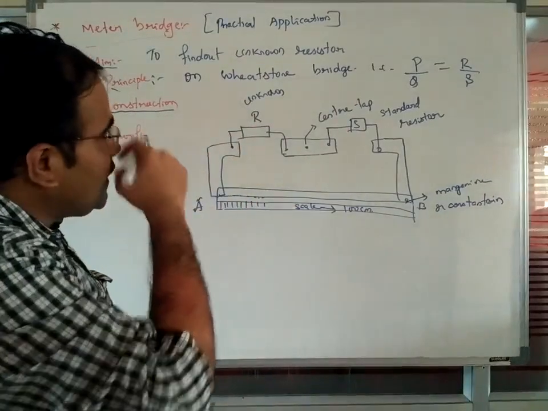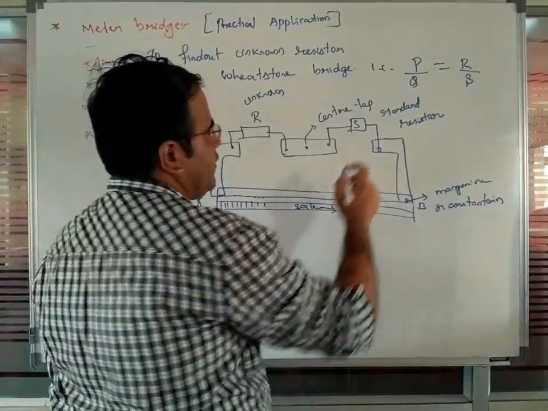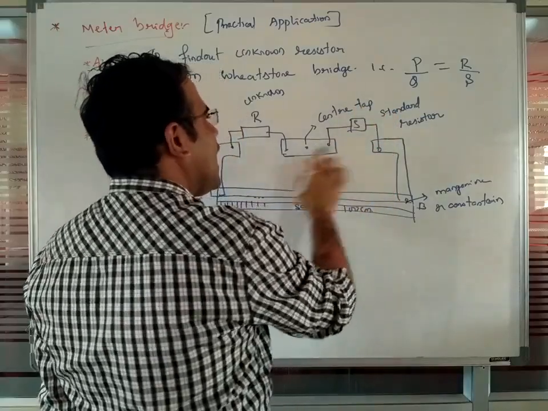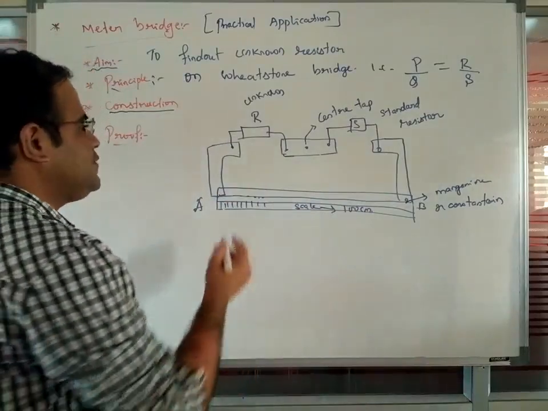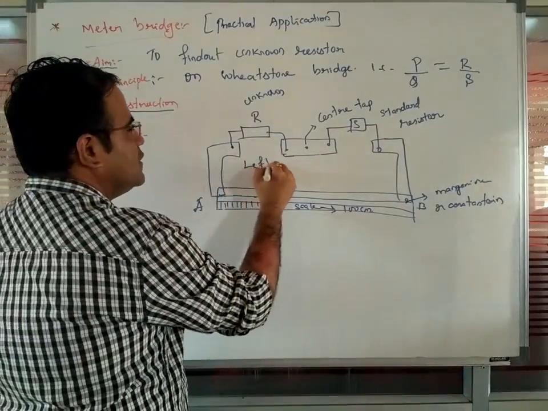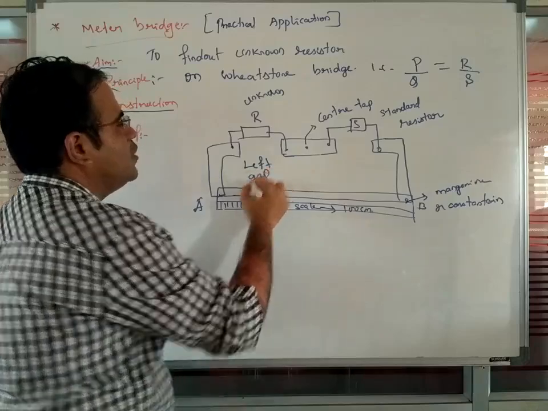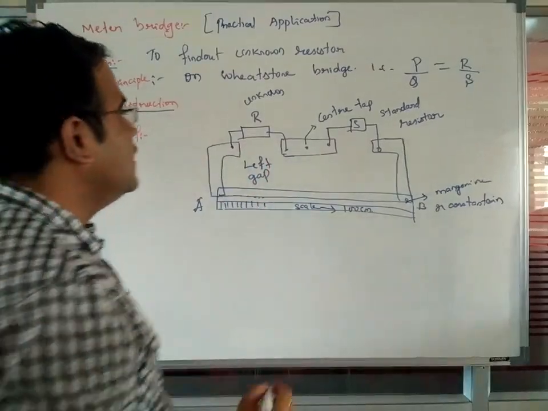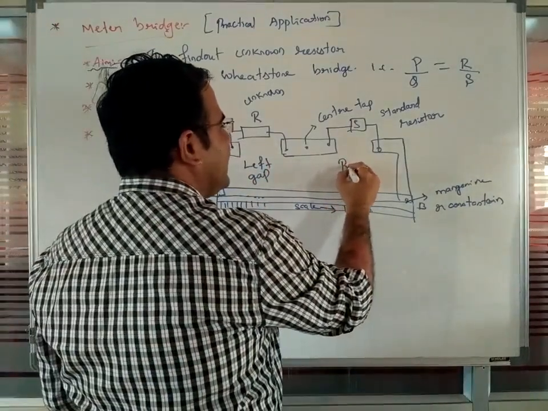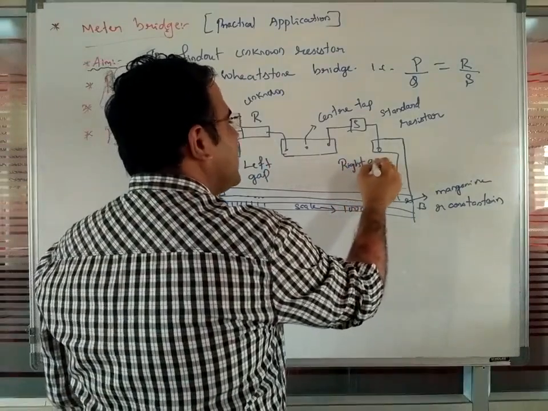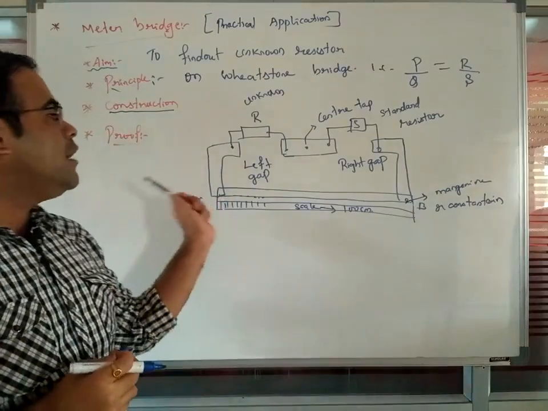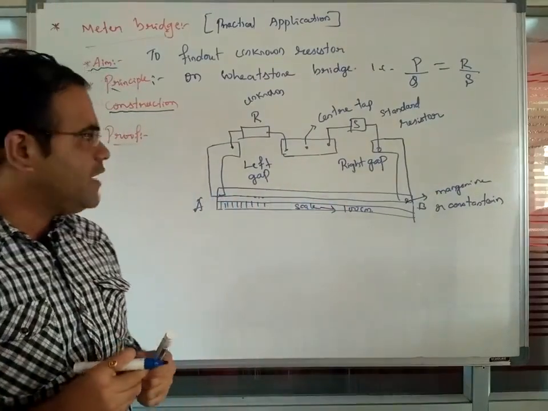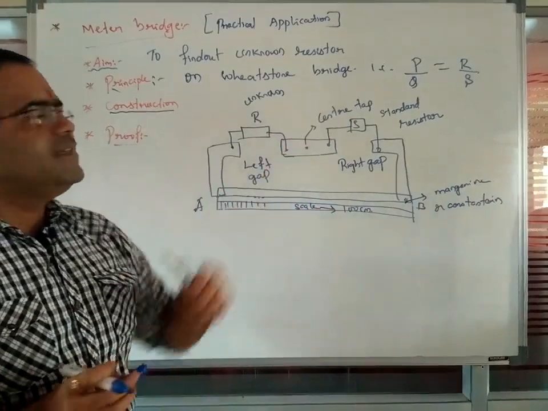In order to identify the R value, you are going to make a gap between the left and the right. This we call the left gap because it comes on our left side, and this is the right gap. To make a gap between the two copper strips, you introduce a center tap like this.